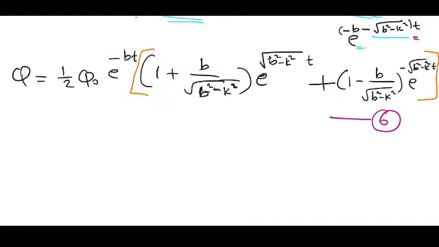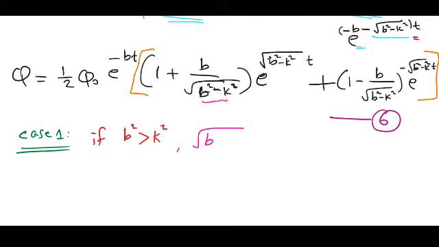Now let us analyze the different cases. The first case, case 1, is if b square is greater than k square. If so, then this term root of b square minus k square will be positive and a real quantity.